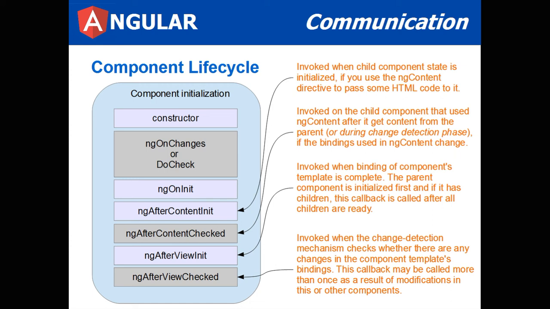Then you have an ngAfterViewChecked. This is invoked when the change detection mechanism checks whether there are any changes in a component's template bindings. This callback may be called more than once as a result of modifications in this or other components.